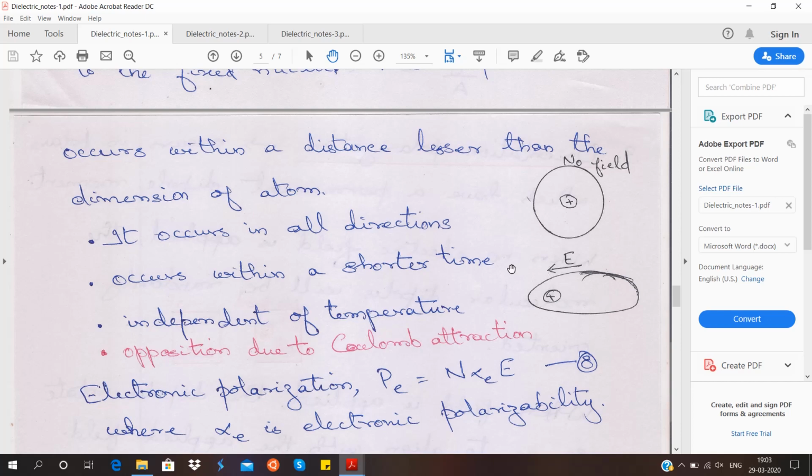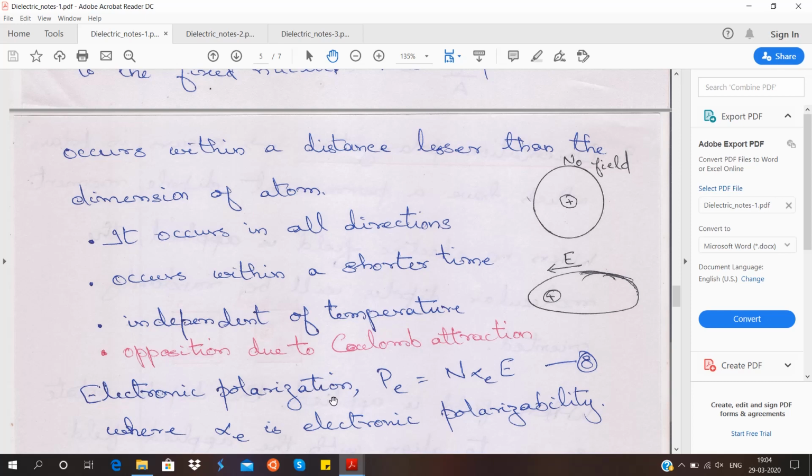Now, in the previous class, we did define what is known as polarizability. So, we understood that a dipole moment mu can be represented as polarizability into the electric field. So, N number of dipoles multiplied by their dipole moment result in the polarization.